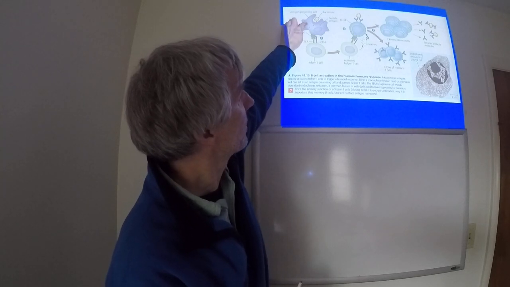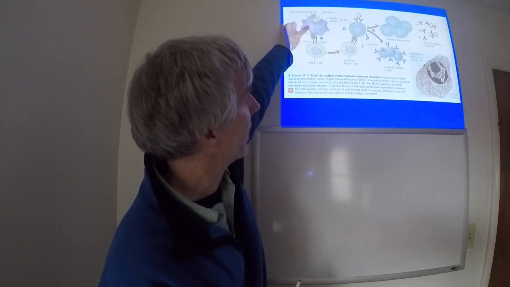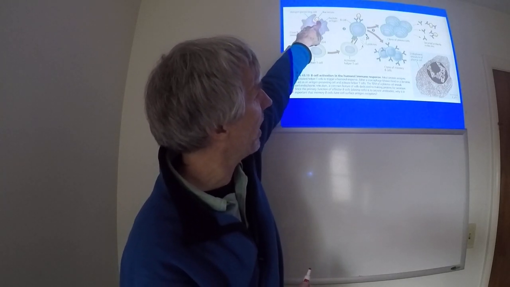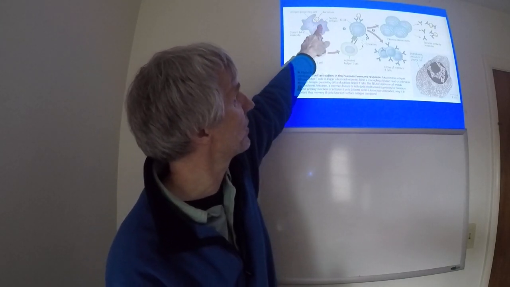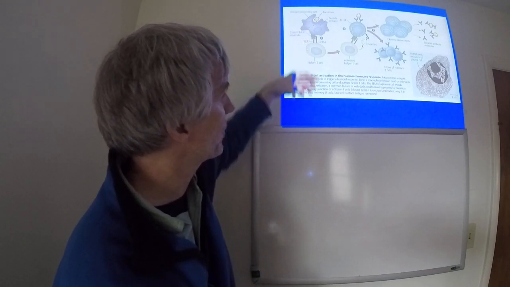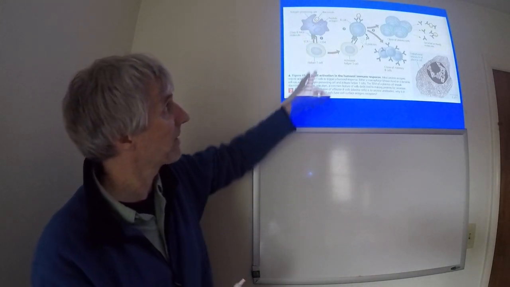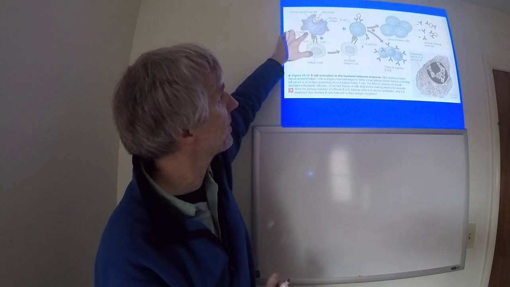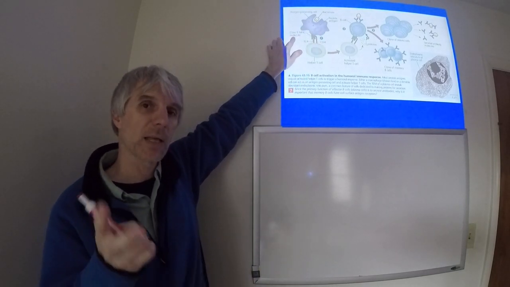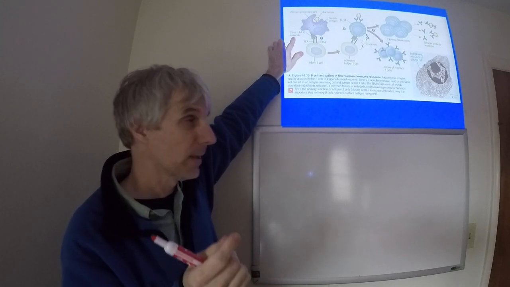So here is this cell right here. It's some kind of a phagocytic cell. It's a macrophage. The macrophage brought in the bacterium, chopped it up, and these little pieces were then presented on the class II molecules.